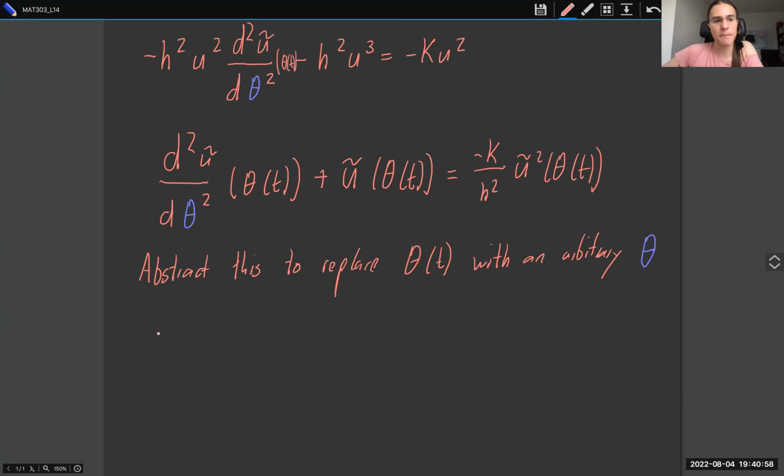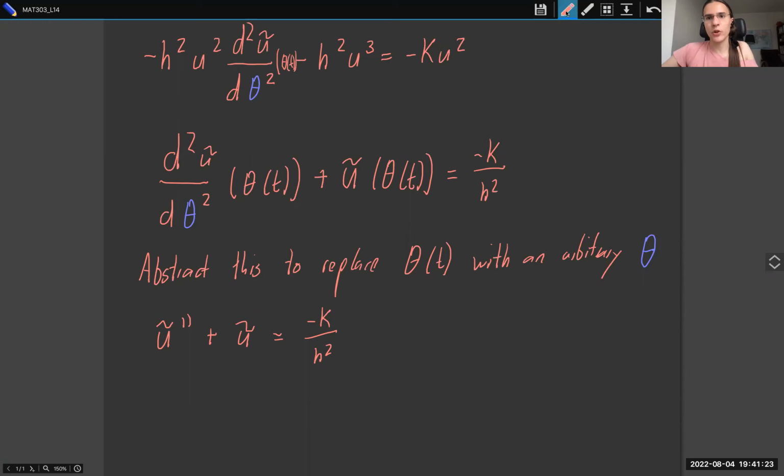So this tells us that basically u tilde prime prime plus u tilde is equal to negative k over h squared. Sorry, we divided by u tilde squared. This is just a number. Right?